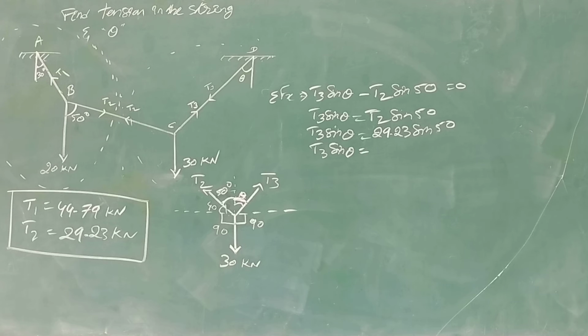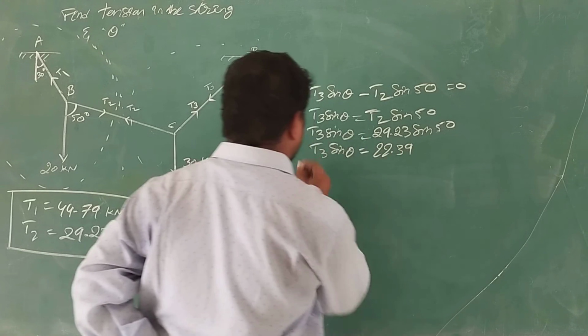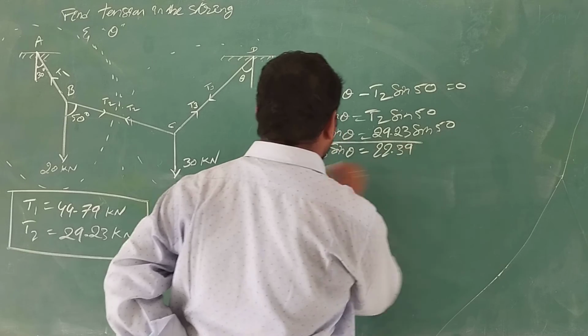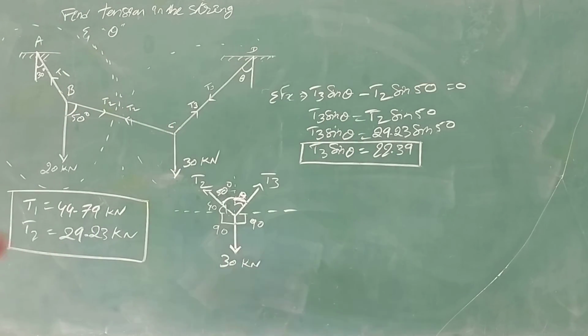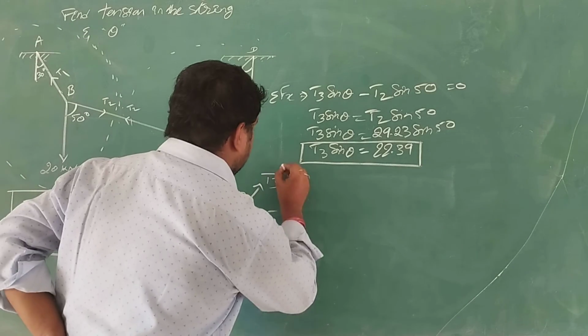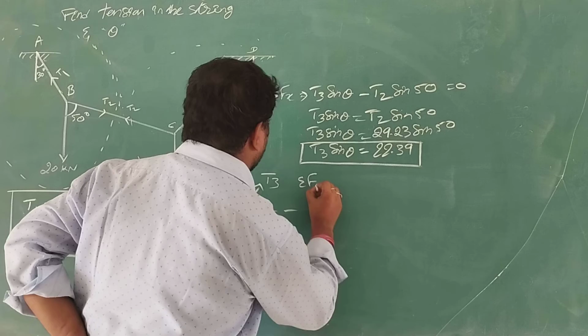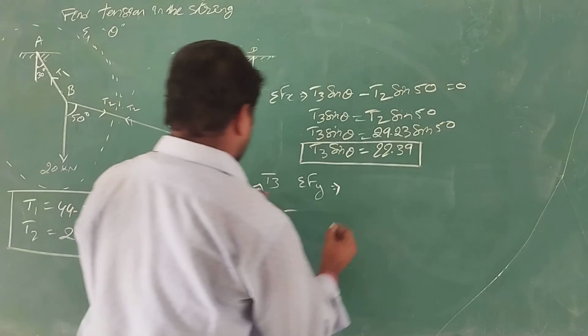Tell me the answer. How much you got? 22.39. So my T3 sin theta value is 22.39. Next, I will write sigma Fy. So what?